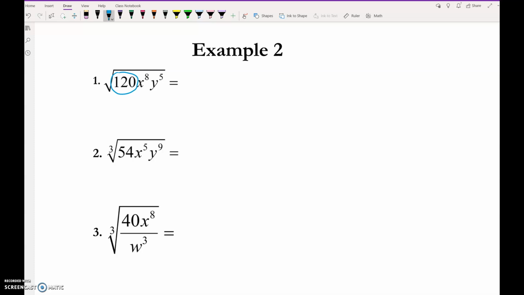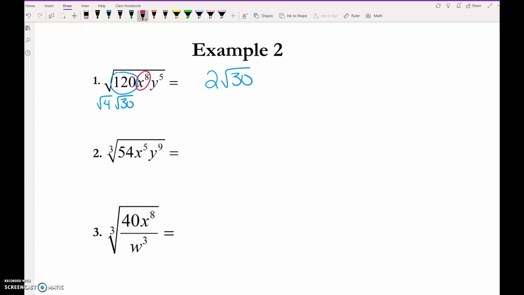Half of 120 is around 60, so I would start by trying 49. 120 divided by 49 is a decimal. 120 divided by 36 is a decimal. 120 divided by 25 is a decimal. 120 divided by 16 is a decimal. 120 divided by 9 is a decimal. And at this point, you're probably screaming in frustration. But 120 divided by 4 is 30. So we have 2 times the square root of 30.